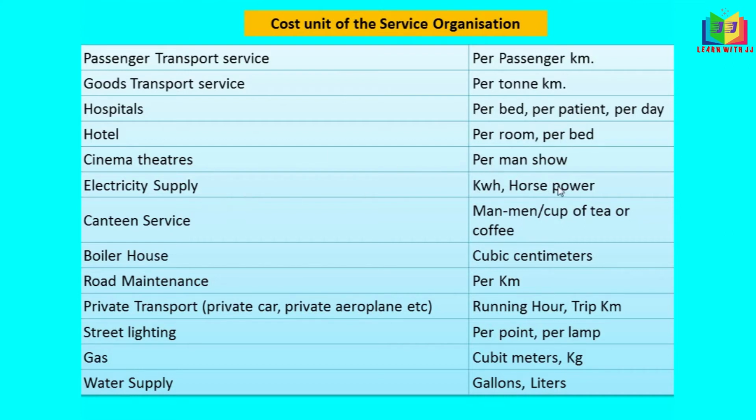For electricity supply, per kilowatt hour. For canteen service, per cup of tea or coffee. For boiler house, per cubic centimeter. These are the costs per unit ascertained in service organizations. In this chapter we'll see passenger transport service, goods transport service, hospital, hotel, cinema theatre, and electricity supply.